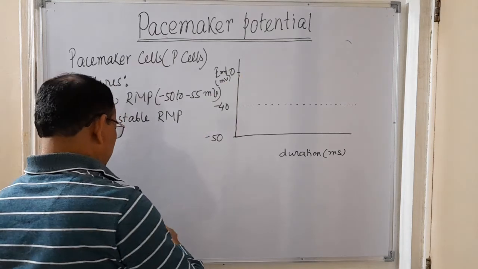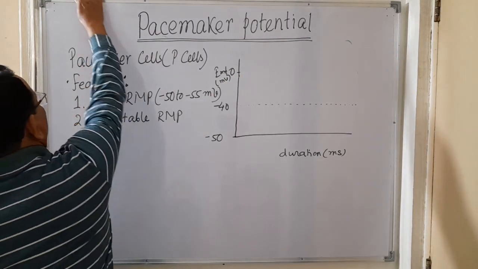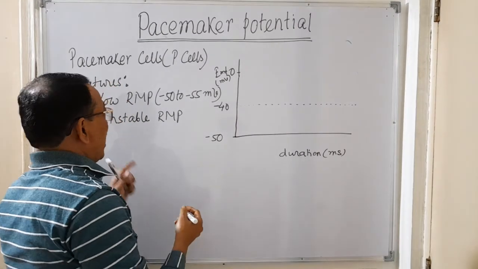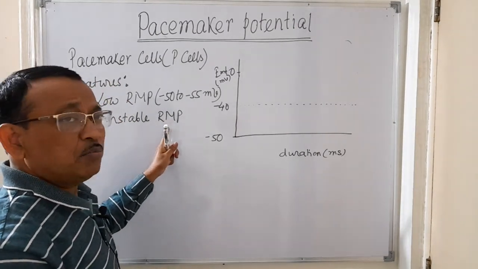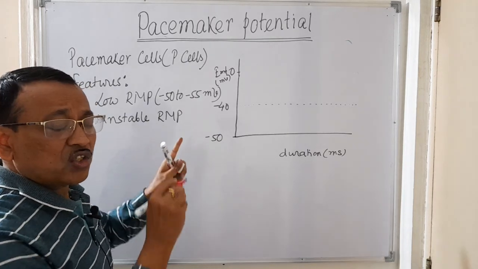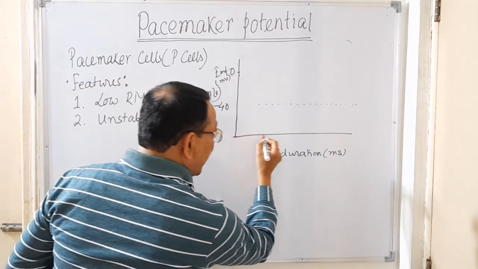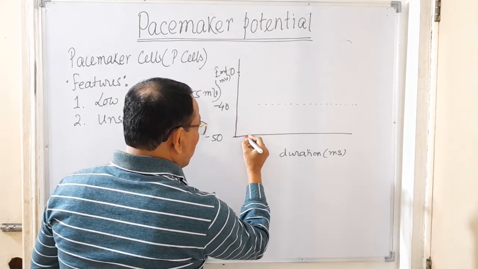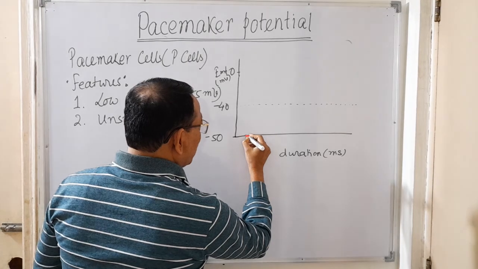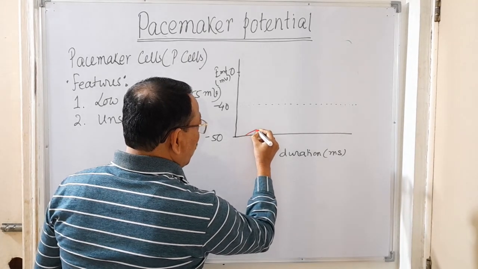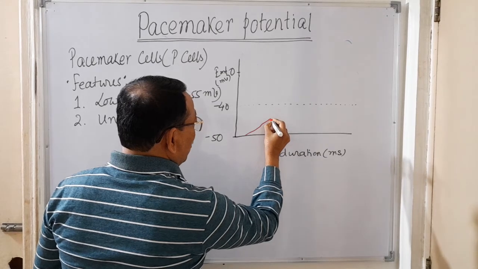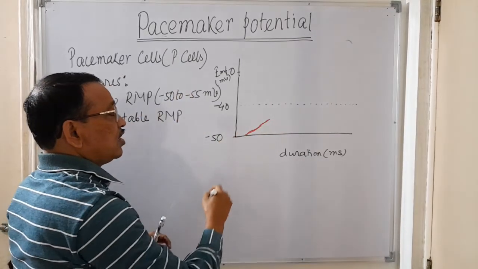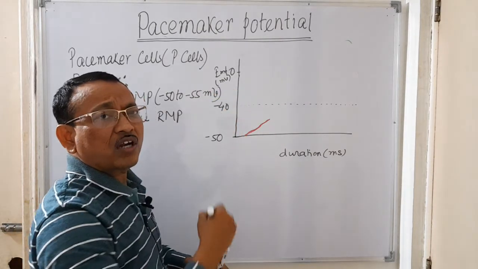Now what happens, as I told, the P cell has an unstable resting membrane potential. It is not steady like this. It is unstable, and what is its nature? From minus 50 millivolt, it is slowly falling from minus 50 towards minus 40 millivolt.